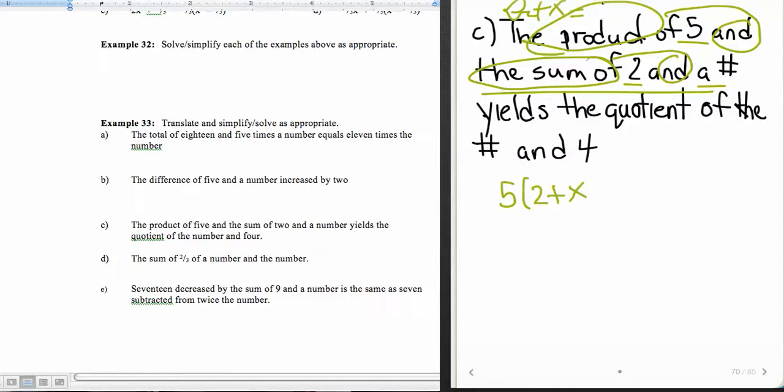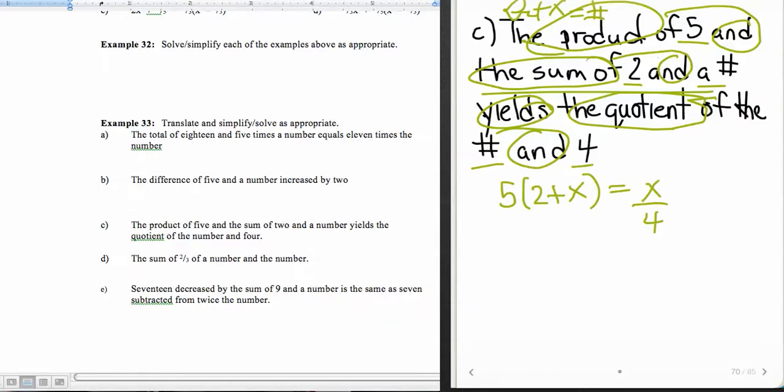And that yields, that means it's an equal sign, and then the quotient of that number and 4. Remember quotient means division, so it's the first one divided by the second one.